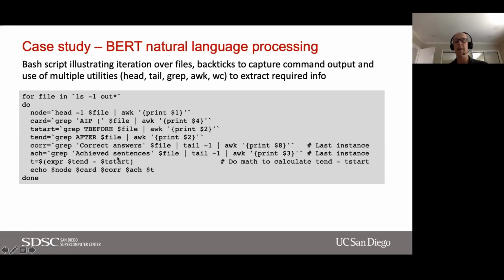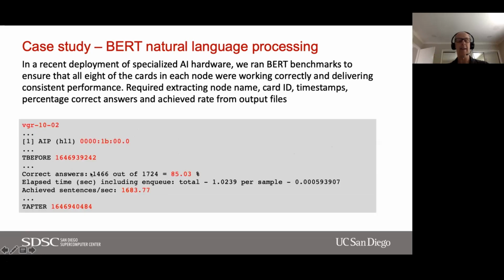Combinations of grep, tail, and awk get the last instance for the correct answers and the achieved sentences. The reason we had to do that is these lines, correct answers and achieved sentences, are printed many times as the model is trained, and we're just interested in the very last instance of that. When we're beginning and the model hasn't yet been trained, the correct answer rate is close to 0, and it slowly grows over time.